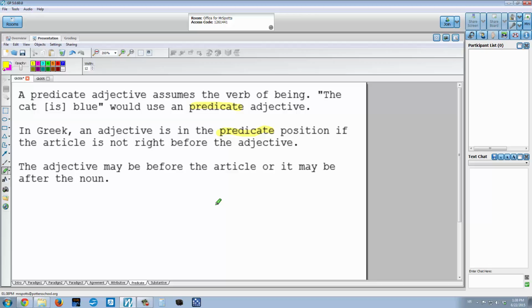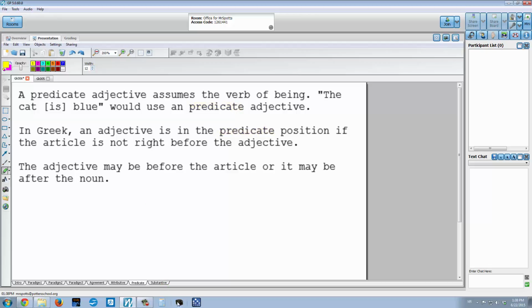Instead of having it in the attributive position with the article right before the adjective, we had the article not right before the adjective. And what we do is we assume "is." Agathos ho anthropos. The man is good. Ho anthropos agathos. The man is good. Those are the two ways we can do that.